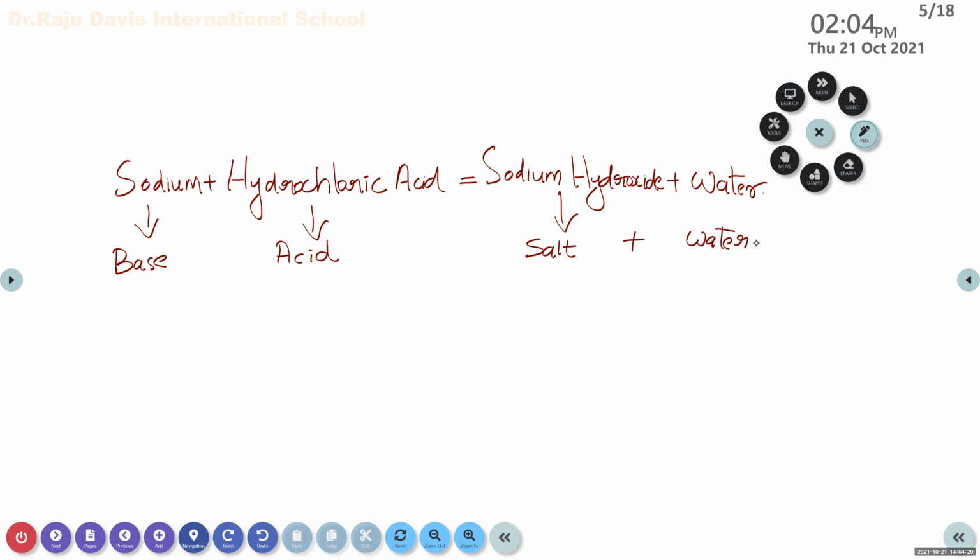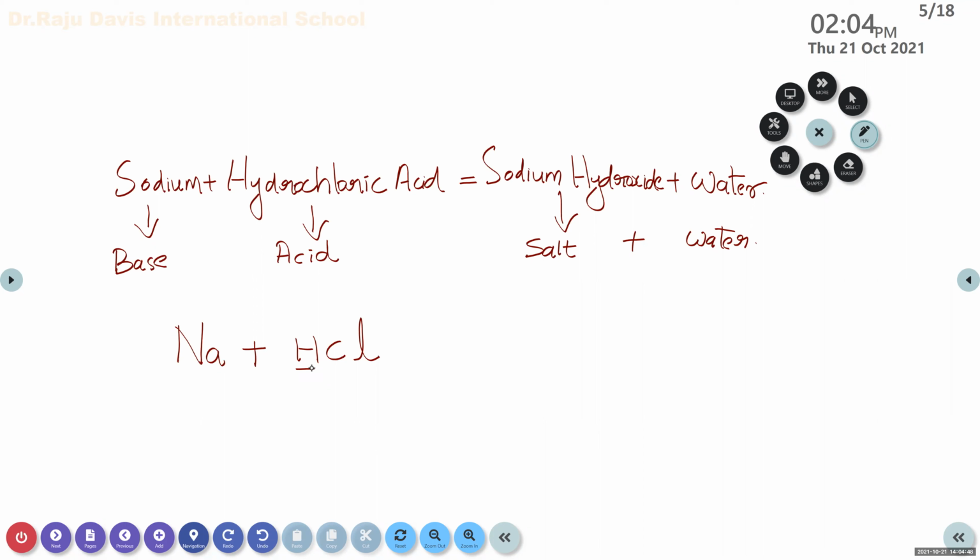Or in mathematical form we can write sodium is represented by the symbol Na. Are you familiar with the symbol of sodium? Yes, ma'am. Okay, sodium is represented by the symbol Na, and hydrochloric acid is represented by HCl. H for hydro, Cl for chlorine. Both of them combined together form hydrochloric acid.